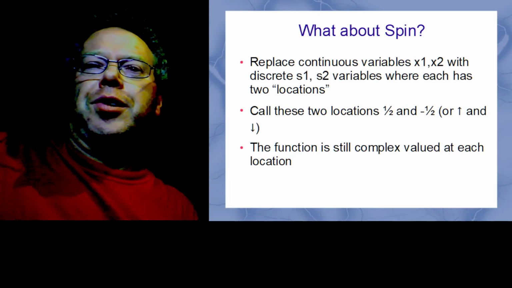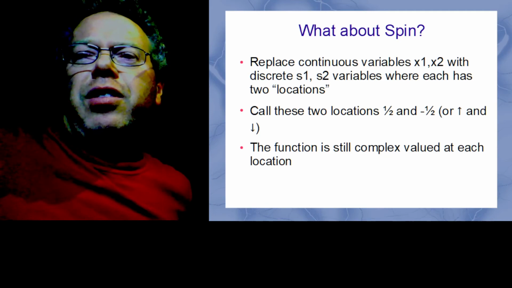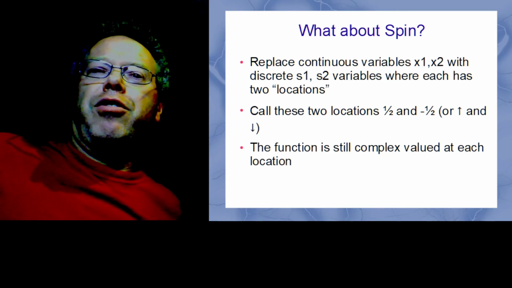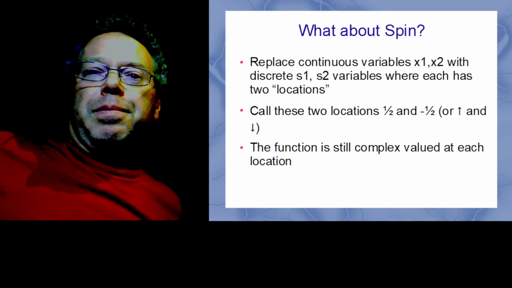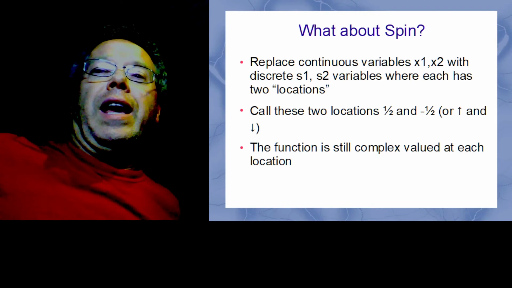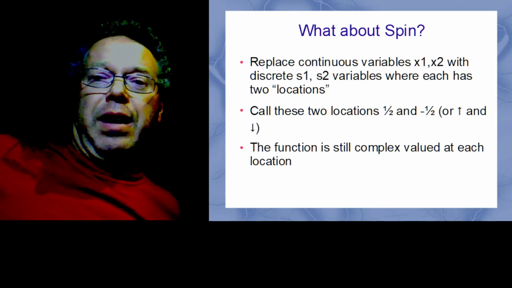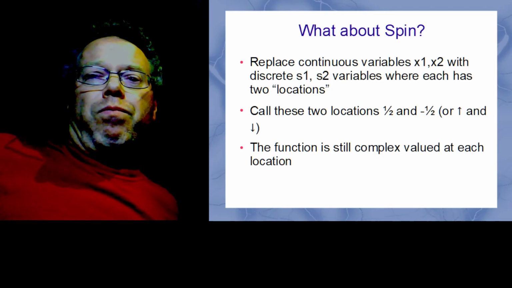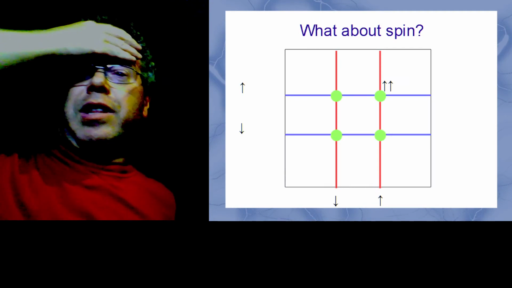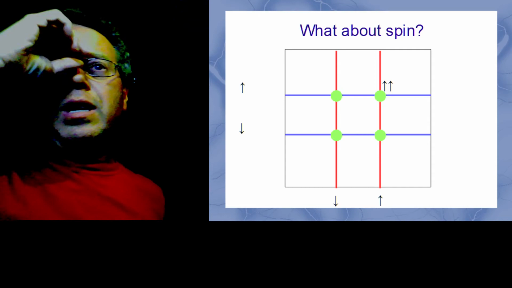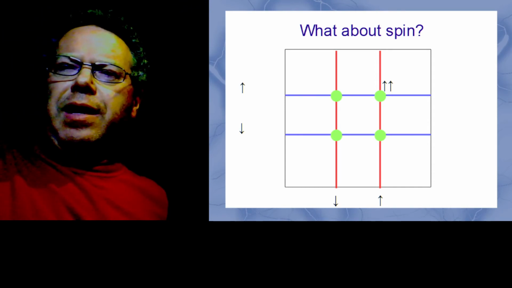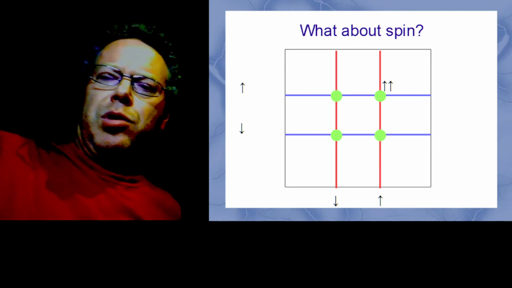Now what about spin? So I can replace these continuous variables x1 and x2 with just discrete locations. And I could call them S1, S2. I could call them 1/2, -1/2, or up and down. And it looks very much like the previous picture. Of course, these locations don't correspond to anything positionally anymore.